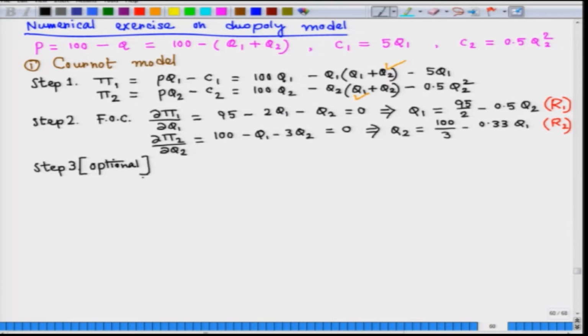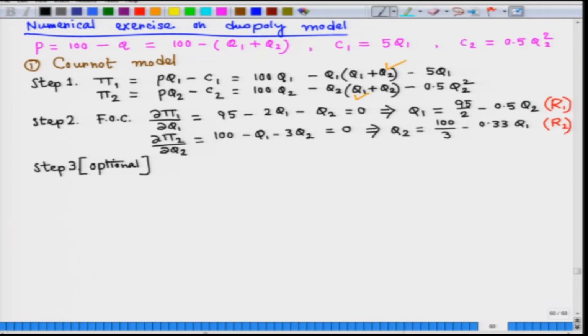Because now from this step 2 you can solve this Cournot model in two ways, one is through the graphical approach and the other through the algebra, right. So, I will show you both. So, the first one is basically the graphical approach, which is kind of optional, but let us have a look at the graph of the reaction functions, right.